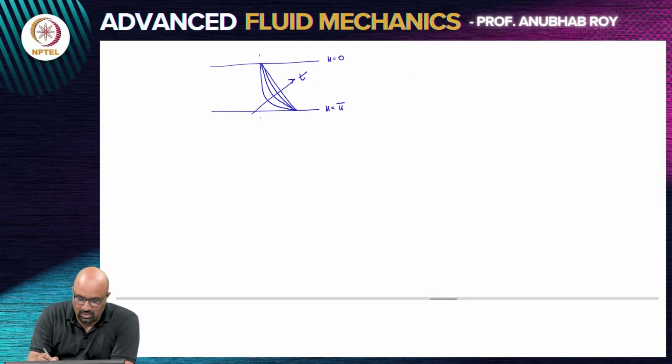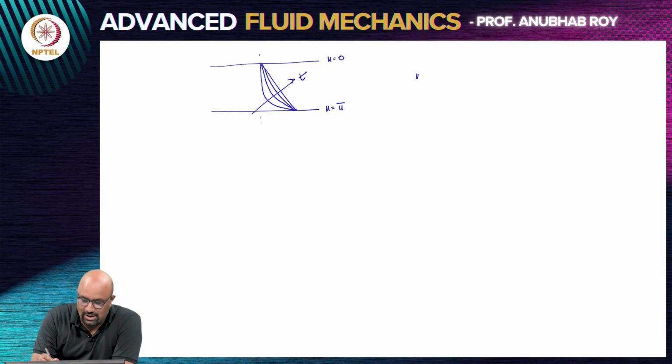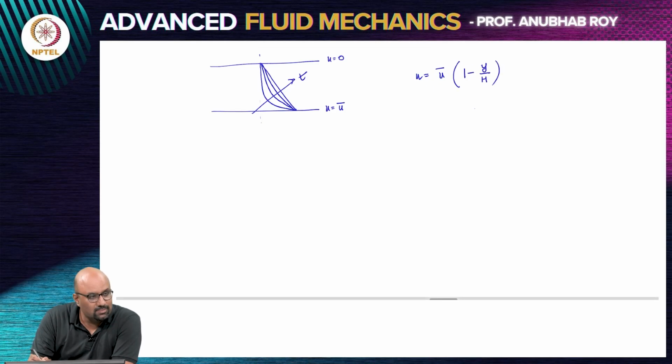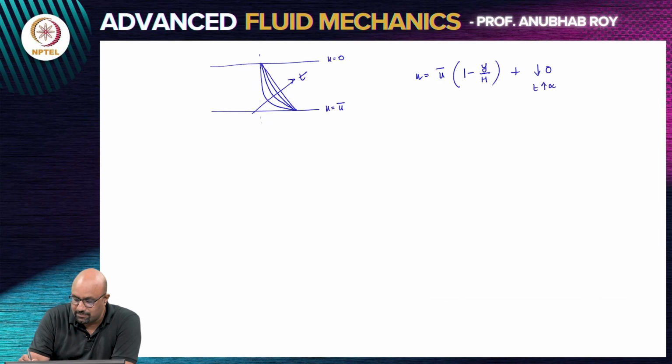And we also understood what it means when we say that we are going to achieve steady state. Mathematically, obviously, you push t going to infinity and you will achieve the steady state solution, where the horizontal velocity is u bar times (1 minus y by h), because whatever the unsteady terms are, they are going to go to 0 as t goes to infinity.